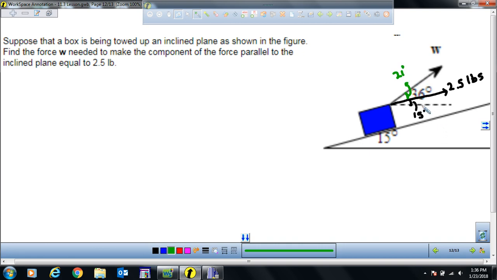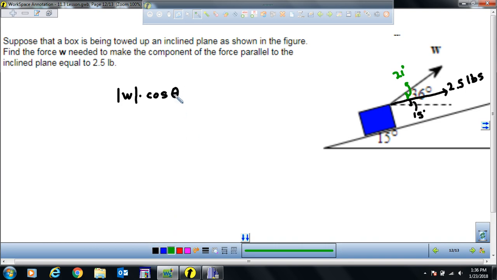Okay, 21 degrees. So if I know that this horizontal component is 2.5 and this angle right here is 21 degrees, how do I find the horizontal component of a vector? To find the horizontal component, you do the magnitude of the vector, which in this case we're going to call vector W, times cosine of that angle between them.